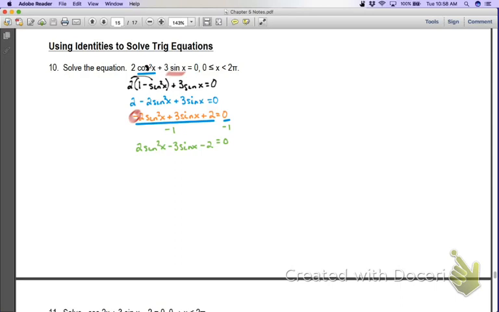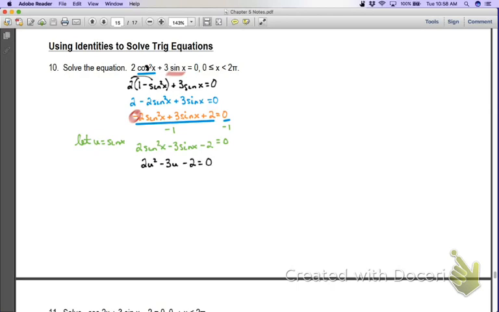Now I can do what we did yesterday, and if you want to do it this way, you let u equal sine of x and have 2u squared minus 3u minus 2 equal to 0, and then factor.